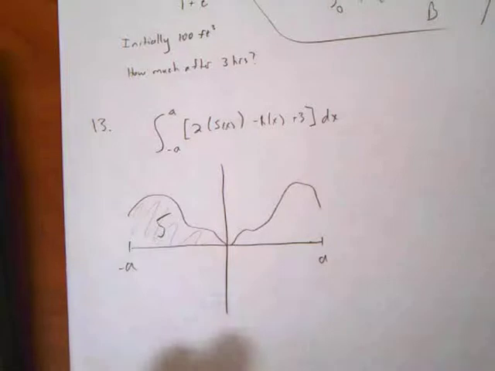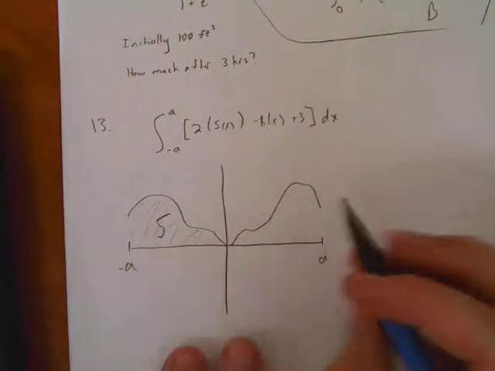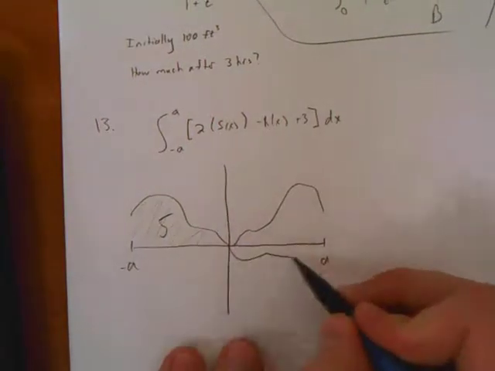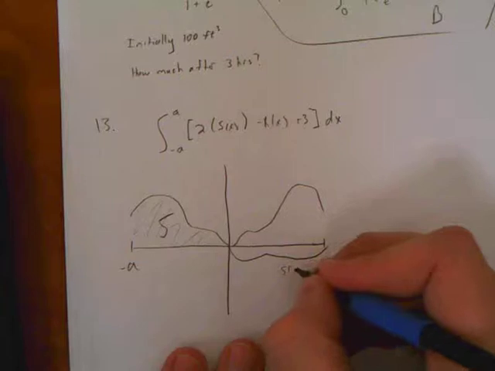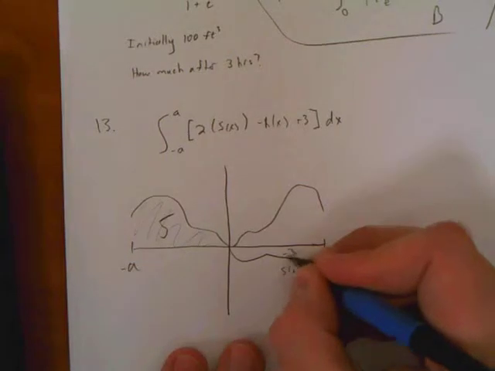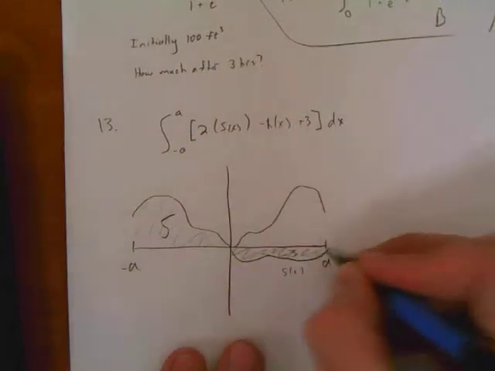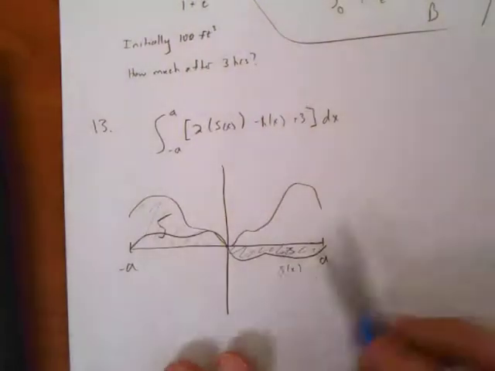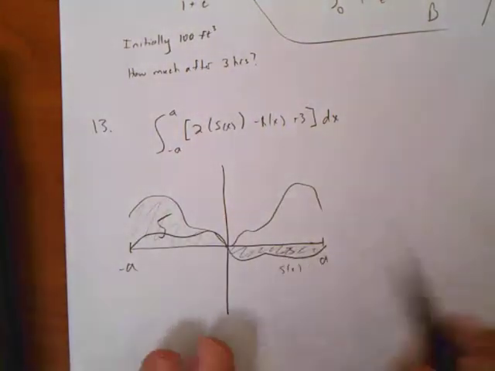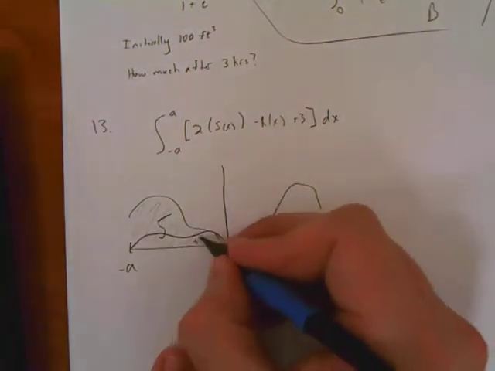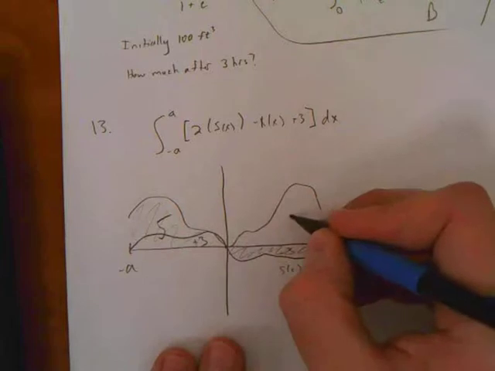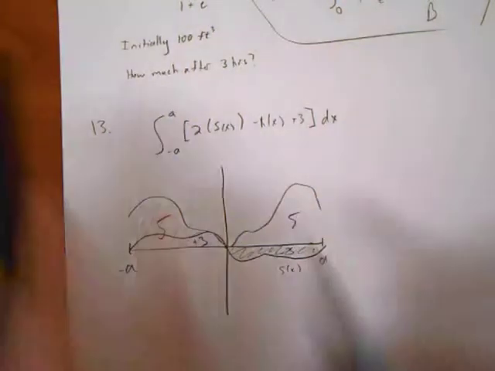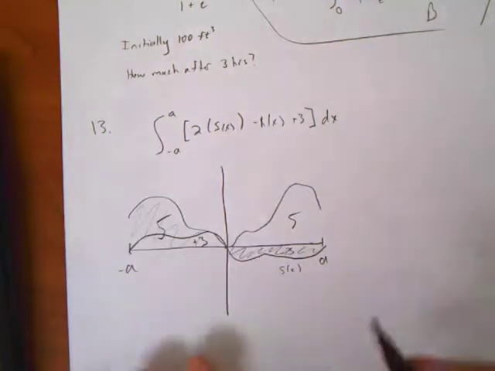And for s of x, from 0 to a is negative 3, so we'll call this s of x. That area is negative 3, but this one is odd, which means it's symmetrical about the origin. So this area up here would have to be positive 3. And again, this area would have to be 5 because it's the same on either side here. So that's important to what we're going to be doing.